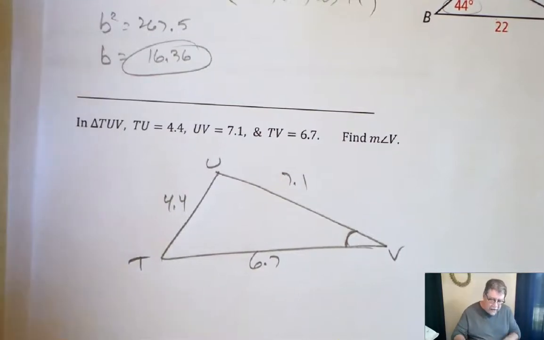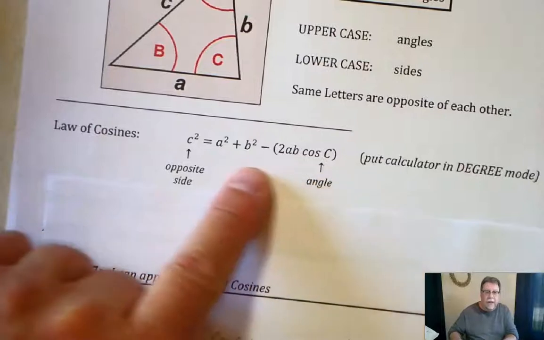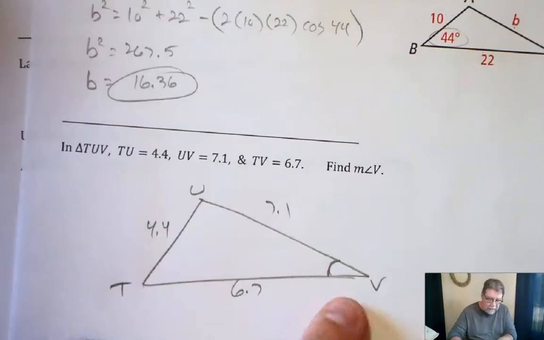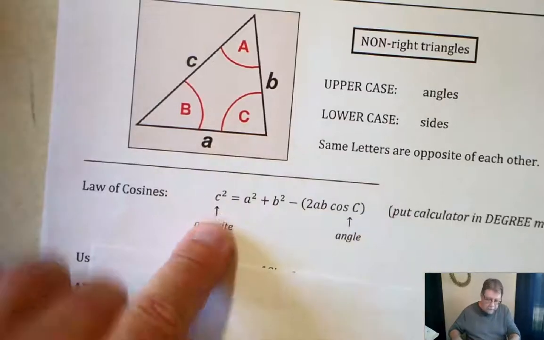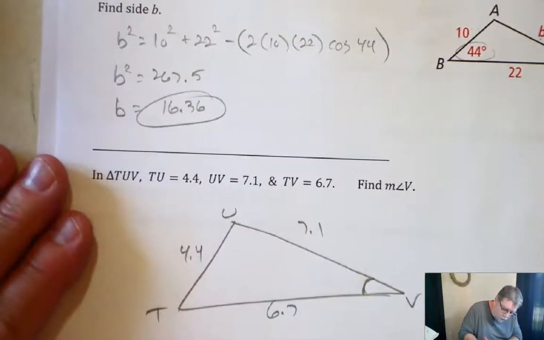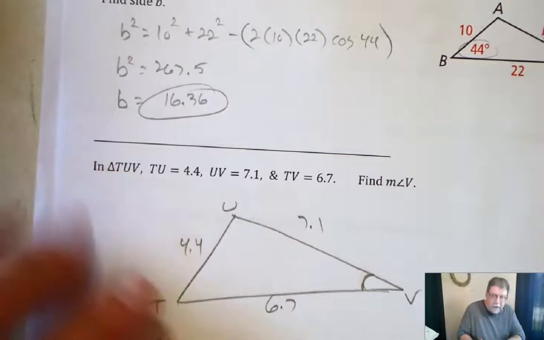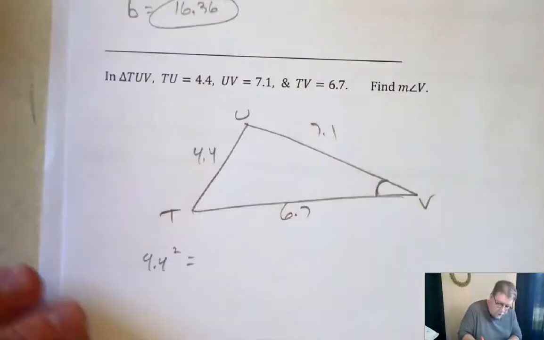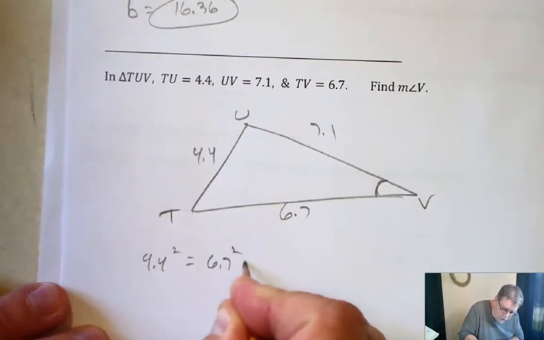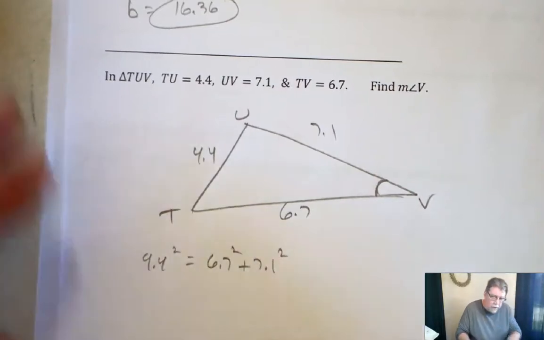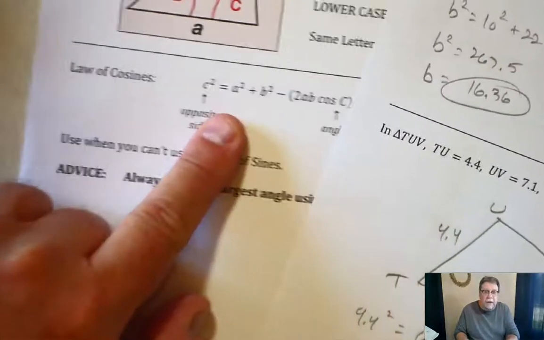Okay, so that time, this is the V that comes from the formula. That's going to be over here, so that means the opposite side is 4.4. That's what goes right there. So it's going to say 4.4 squared equals, and then again, it doesn't matter what these two are, 6.7 squared plus 7.1 squared. I'm simply following the formula here.